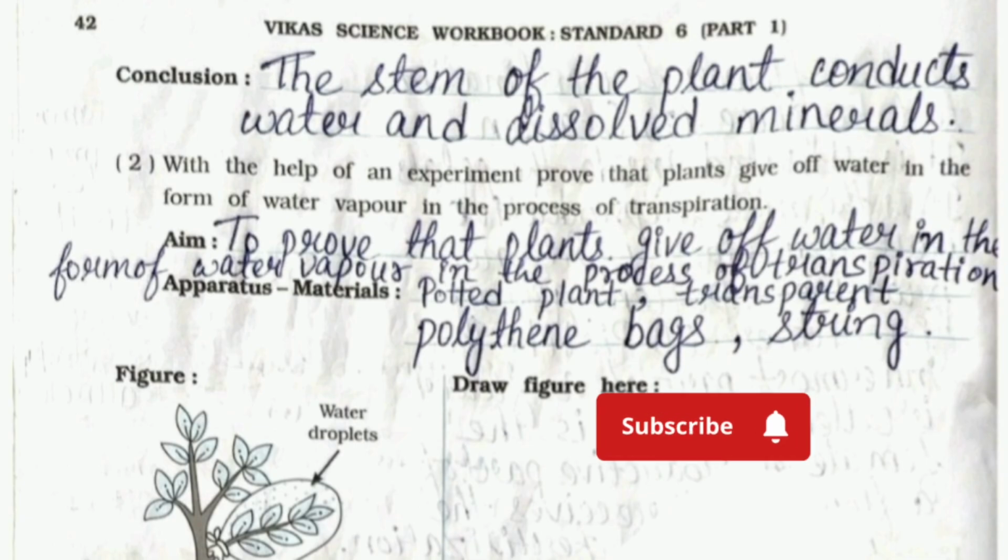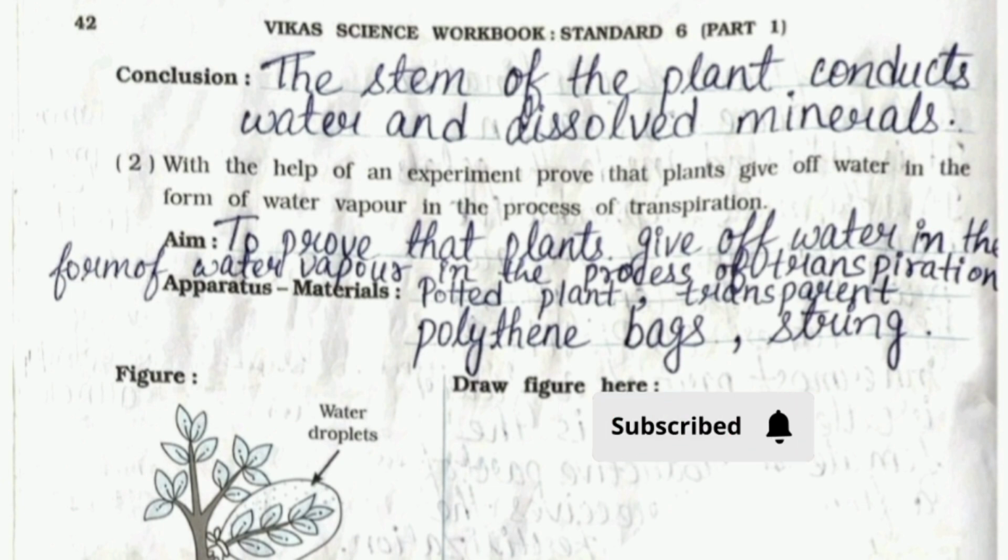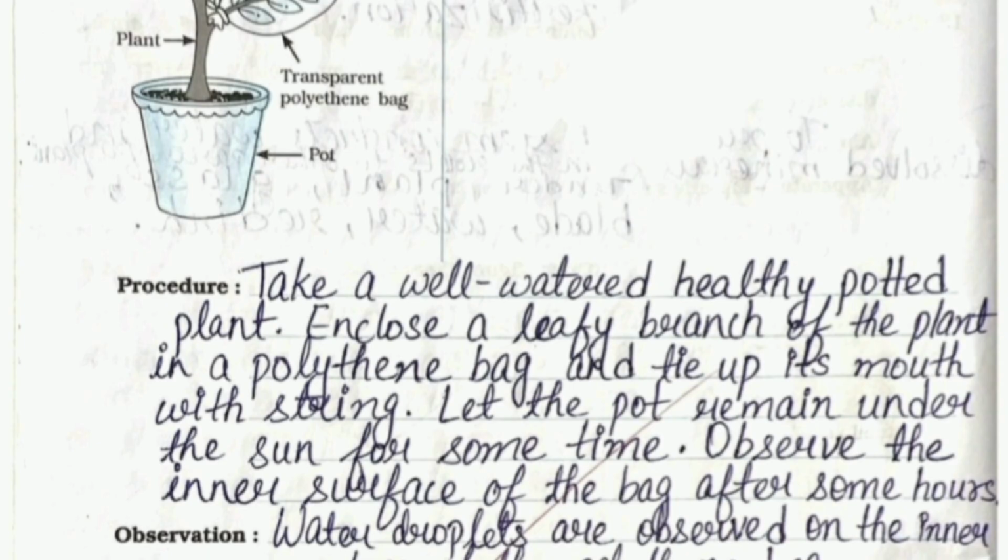Now the second activity is, the aim is to prove that plants give off water in the form of water vapor in the process of transpiration. Apparatus and materials are potted plant, transparent polythene bags and string. And the procedure is, take a well-watered healthy potted plant, enclose a leafy branch of the plant in a polythene bag and tie up its mouth with string.